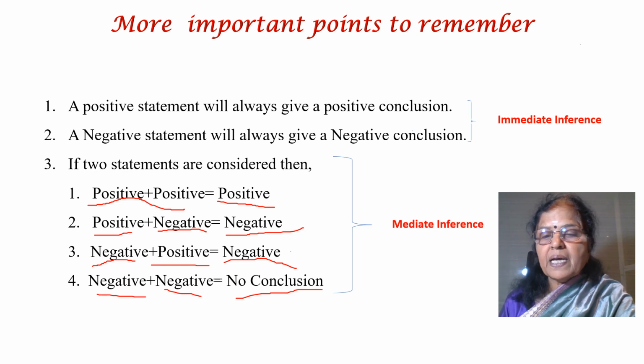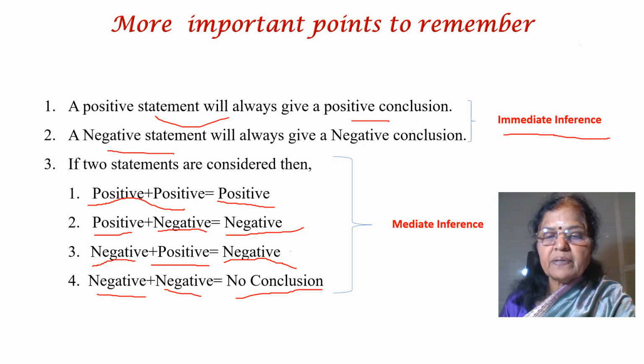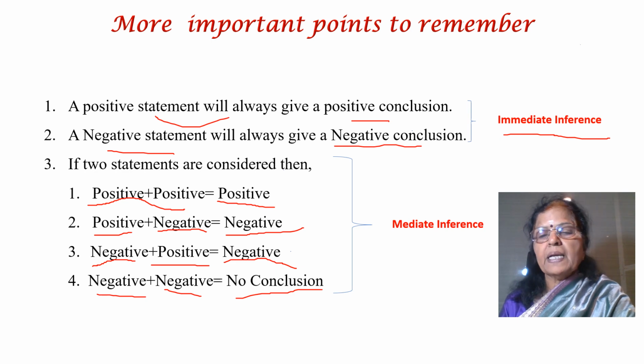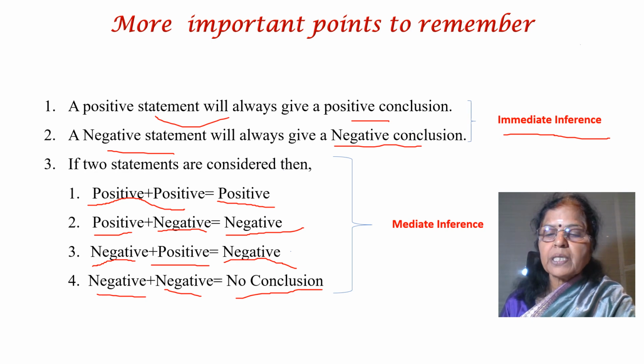So if you test the conclusion with only one statement, that means immediate inference. If the single statement is positive, it will always give a positive conclusion, and if that single statement is negative, your conclusion will also be negative. And if you are using two statements to test your conclusion, it is called mediate inference.